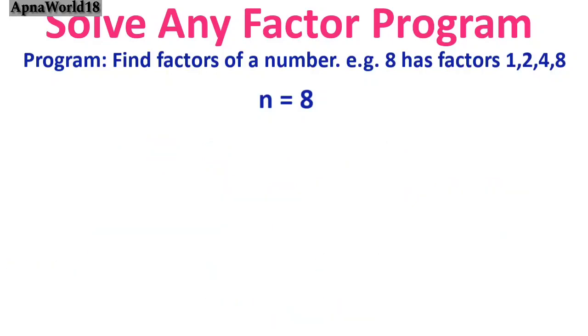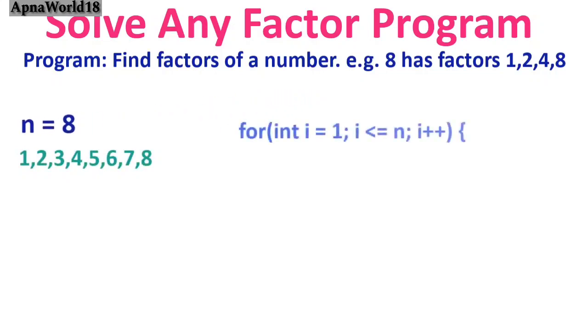Now we will write the program. We have our number n, which is 8 here. There are two parts here. First is we need to get numbers from 1 to n. For that we will set up a loop from 1 to number n, which will run n times. Here variable i will give us numbers which we will check if any of them is a factor.